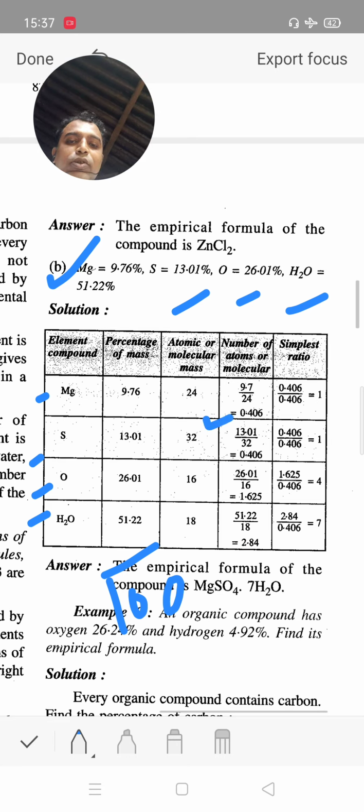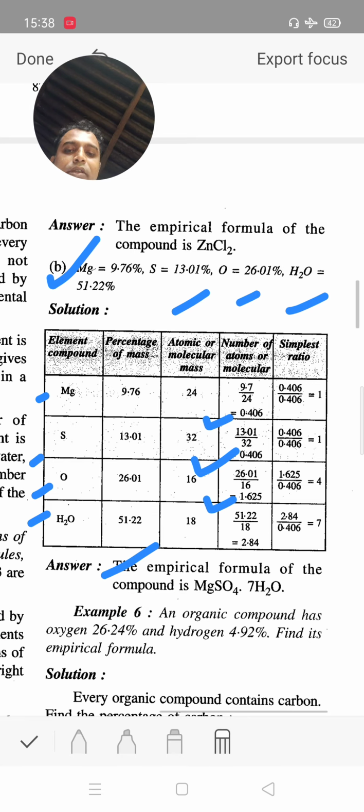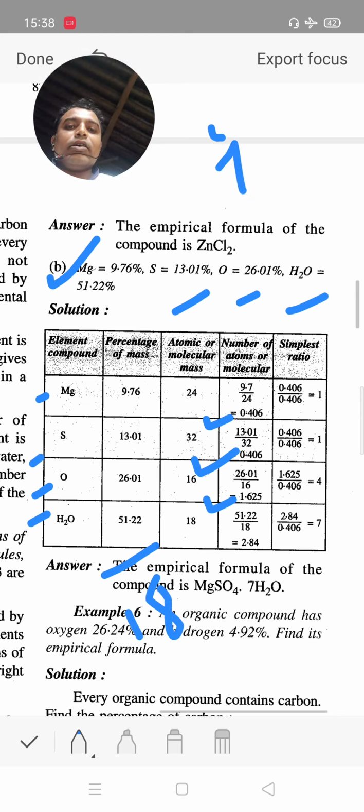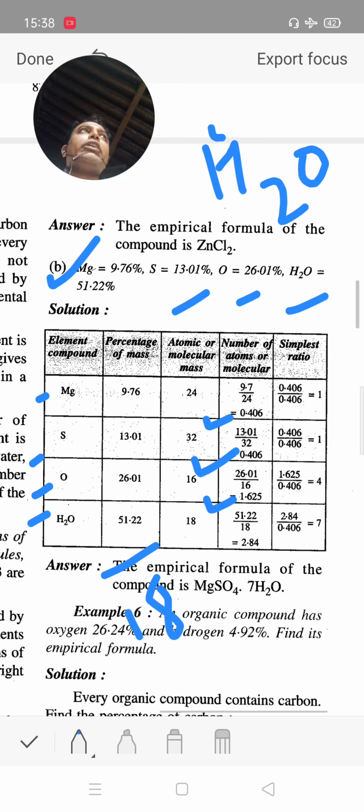Then 13.01 upon 32 is equal to 0.406. Then 26.01 upon 16 is equal to 1.625. Then 51.22 upon 18, because for water we already calculated oxygen 16, hydrogen 2, therefore 18. The 51.22 upon 18 is equal to 2.84.